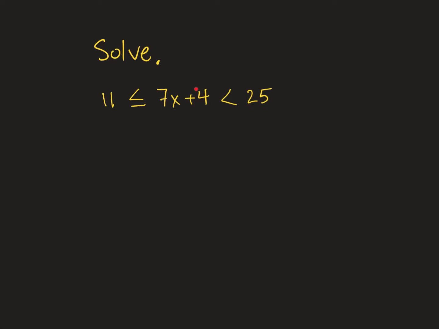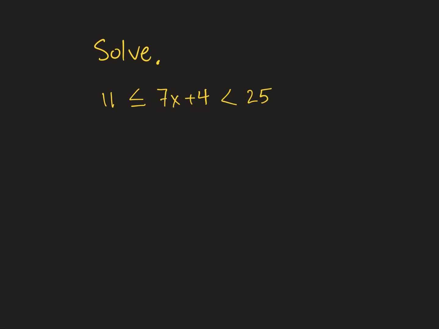I'm going to focus on where x is located. It's here in the middle part. And so if I ignore the right and ignore the left and just focus on this is 7x plus 4, what would I want to do first to begin isolating the x? Well, I'd isolate the x term, 7x, by subtracting the 4 off.